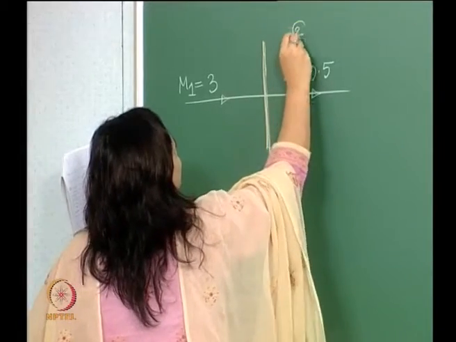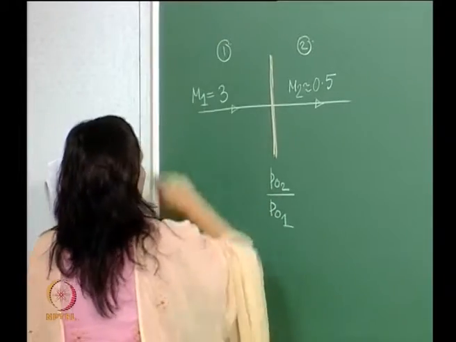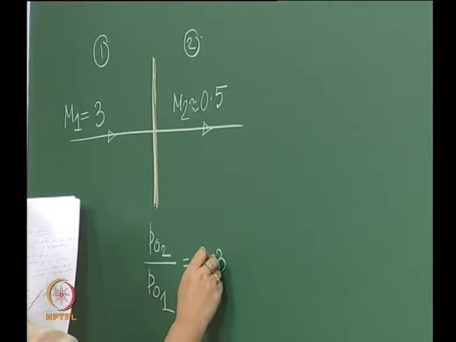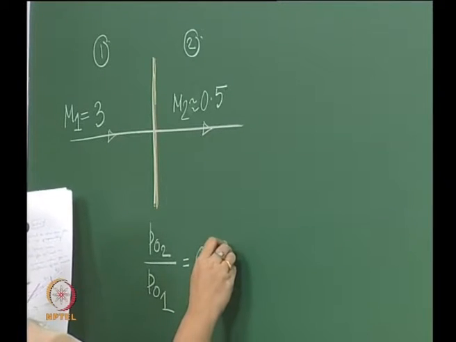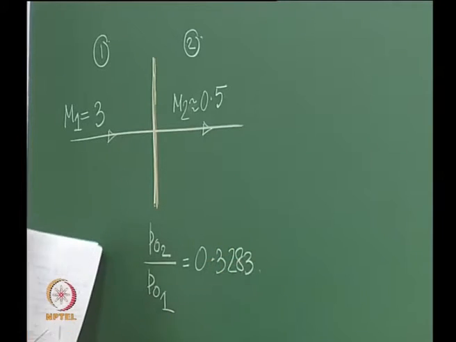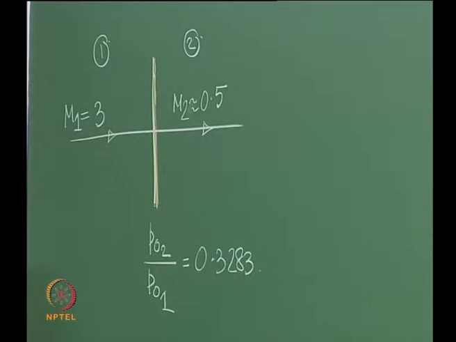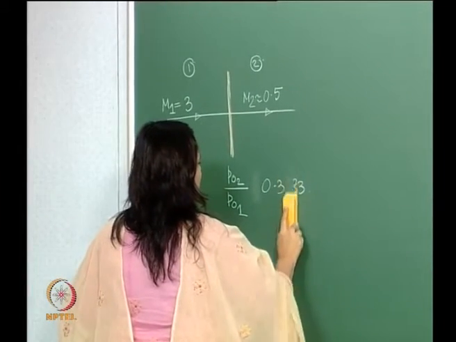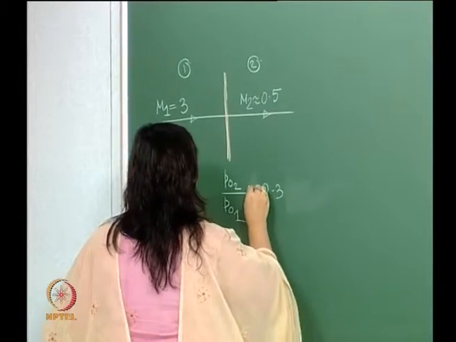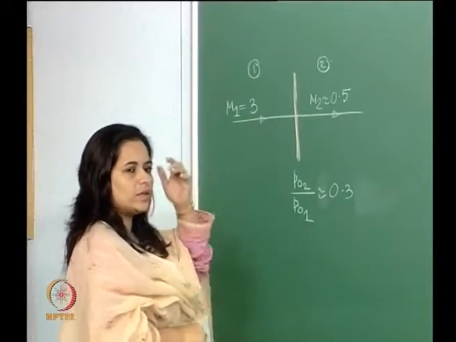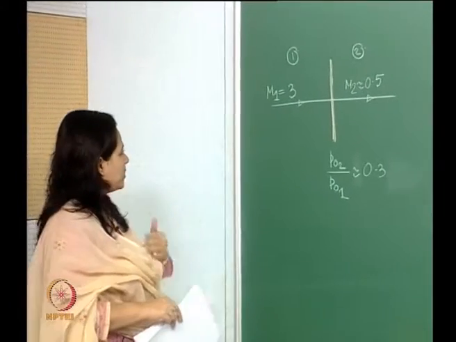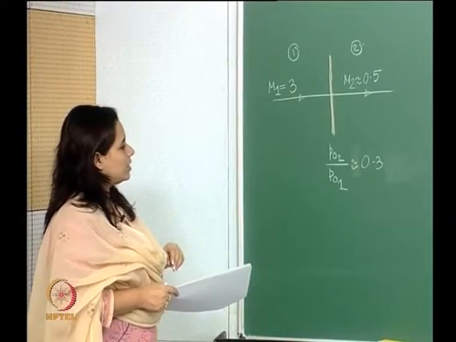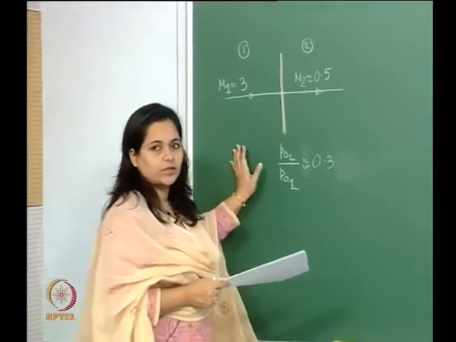So this is region 2 and this is region 1. We got this ratio to be 0.3283, let's say it is just round 0.3.